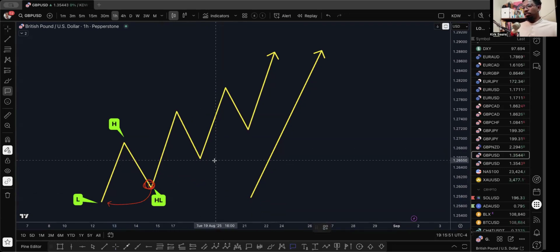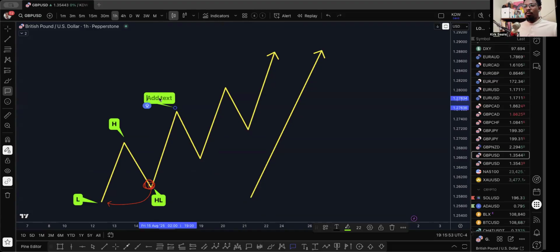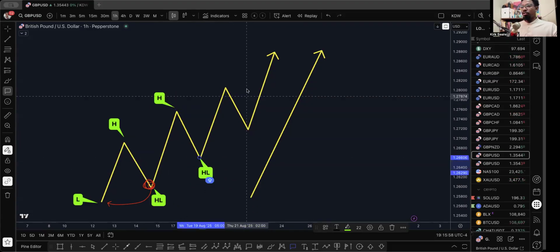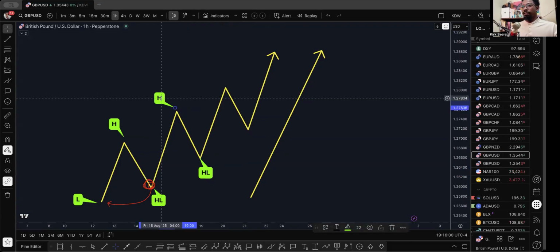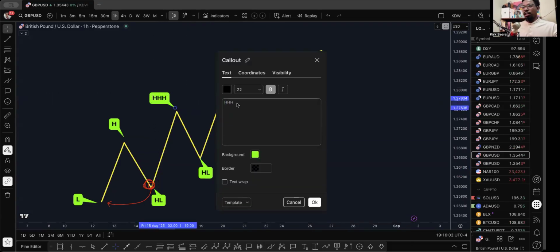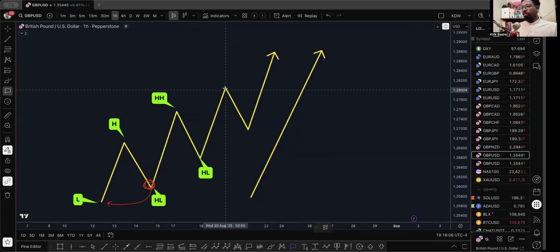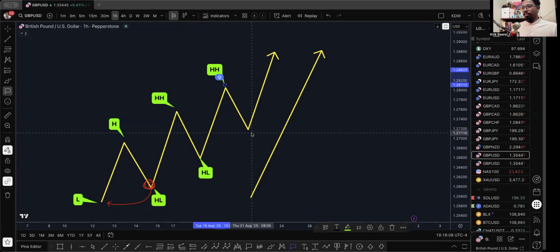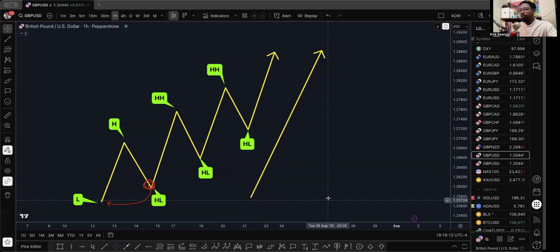But I'm going to get to how we are able to identify when the higher low has formed. And it's really going to be pretty simple. All right, this is now a higher high. And this is a higher high. And this is a higher low. All right.